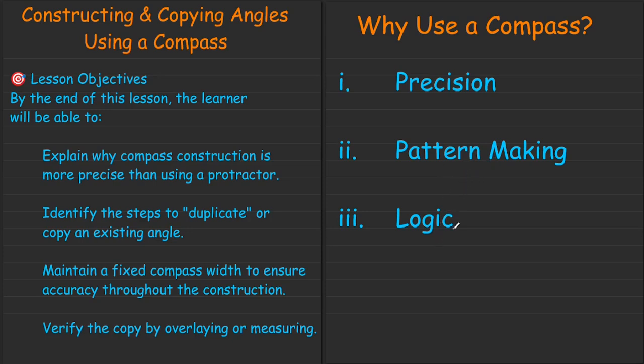Then using the compass also teaches us the relationship between circles and angles. So these and many other reasons are why we need to learn how to use the compass and not only the protractor.